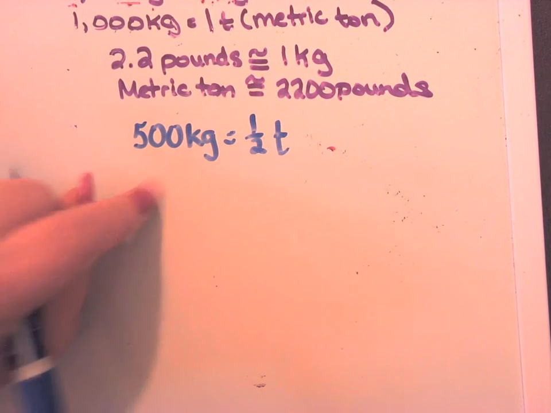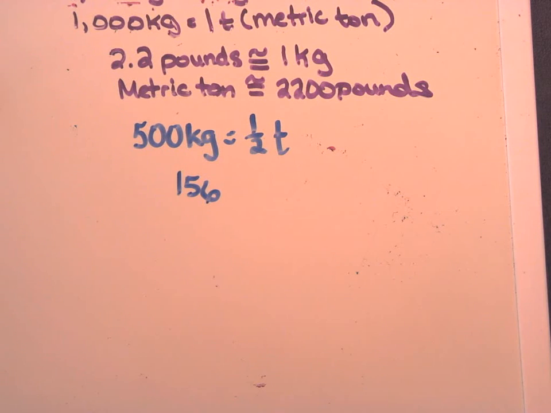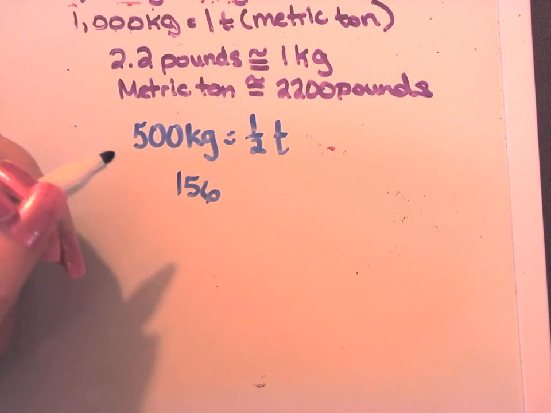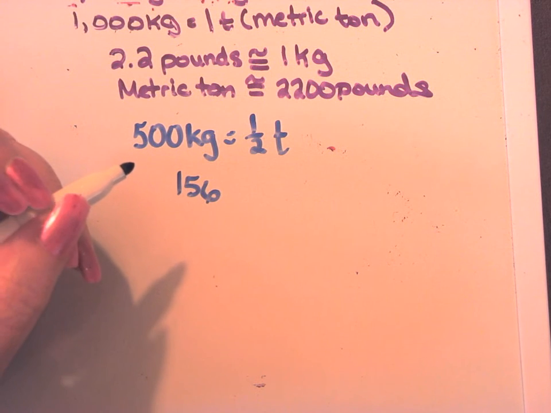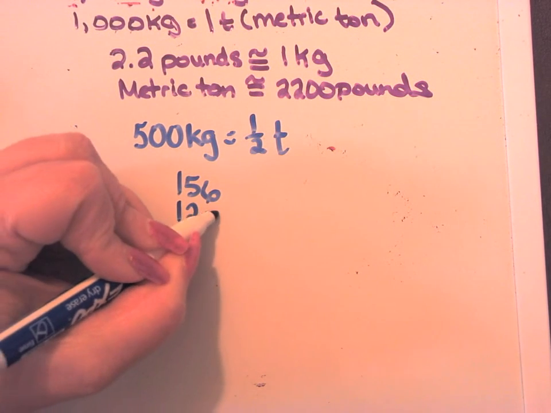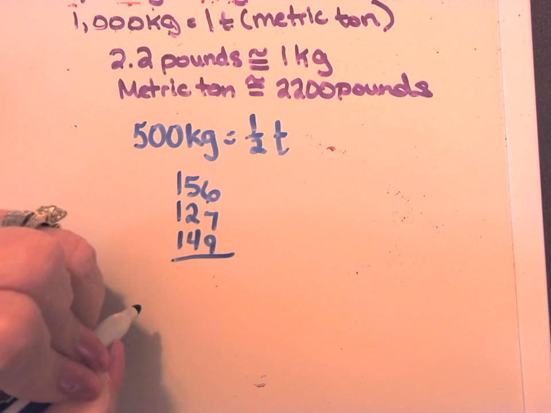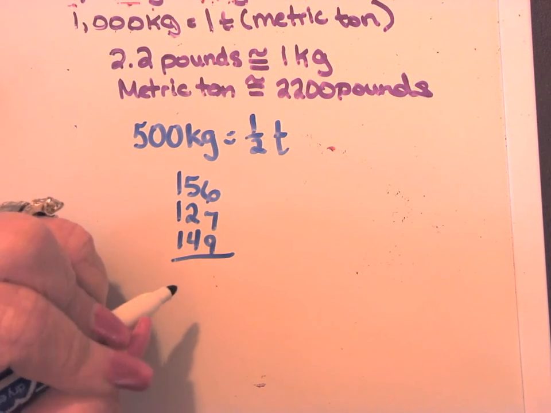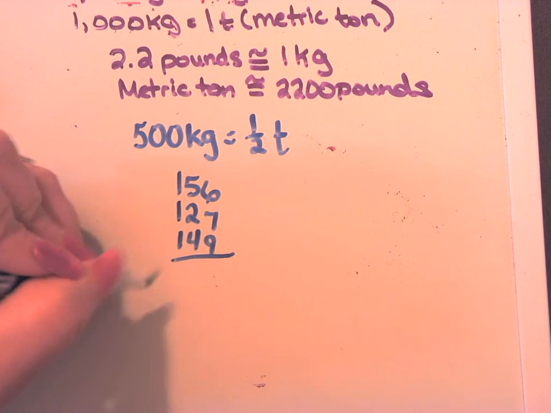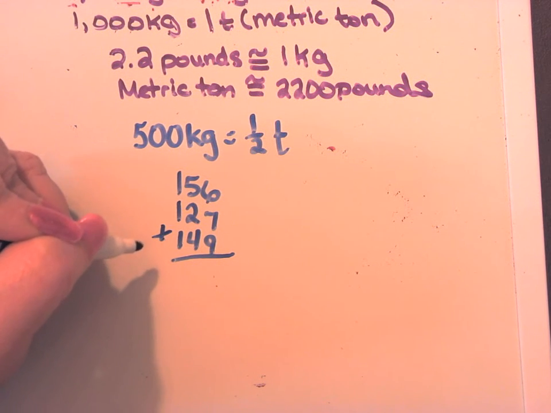Now when we add those things up, we have 156, 127, 149. Okay. Now we can estimate this by rounding each one up and see if it'll overflow, or we can just add these three together and find out.